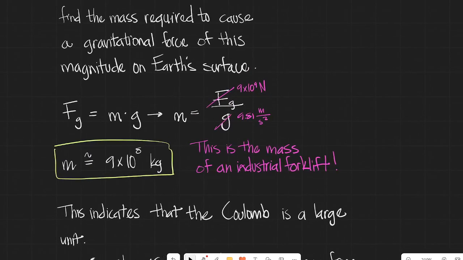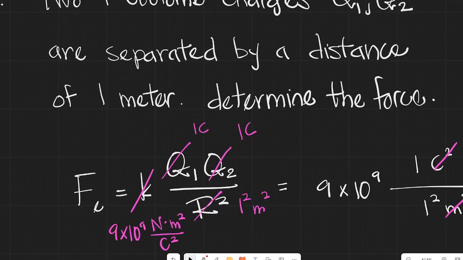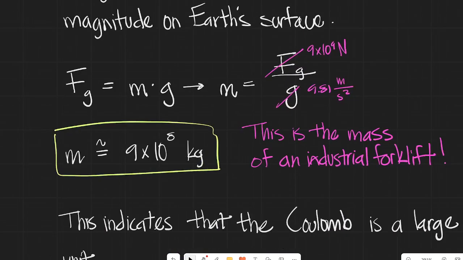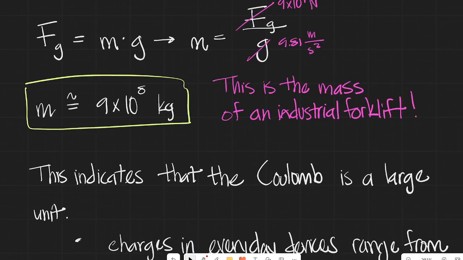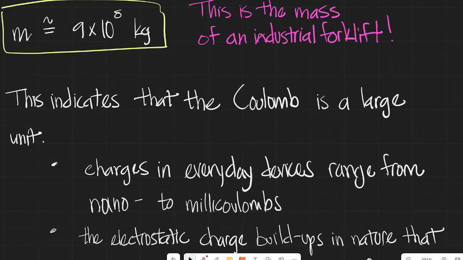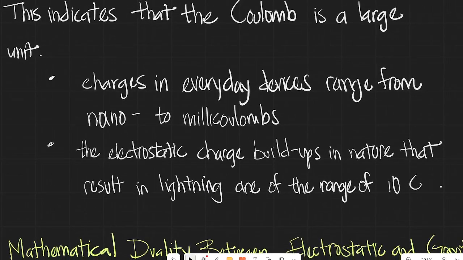Remember, we got that force from just using 1 coulomb charges that were just separated by 1 meter. So this tells us that the coulomb unit is huge. But that's okay, because the devices that we use in our appliances and household things in everyday life only range from the nano to millicoulomb range.